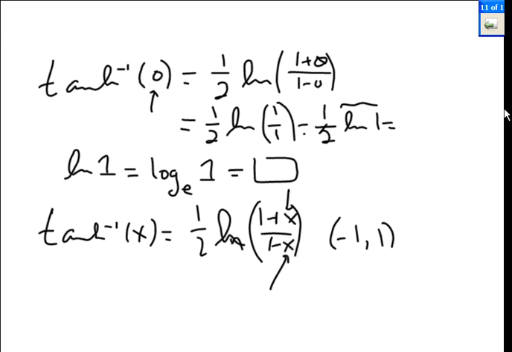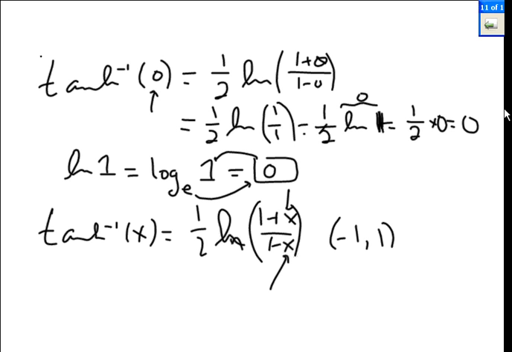And the answer is the answer to this question: e to what power gives me 1? The answer is 0. ln of 1 is 0. And of course, 1/2 times 0 is 0. I'll say of course because you should know the 0 table. I'll say of course 1 over 1 is 1 because you should know that.